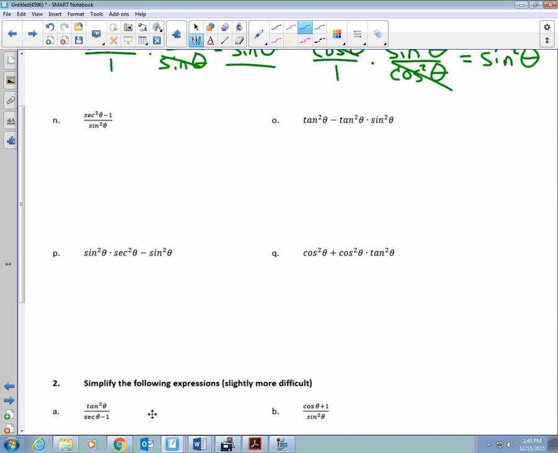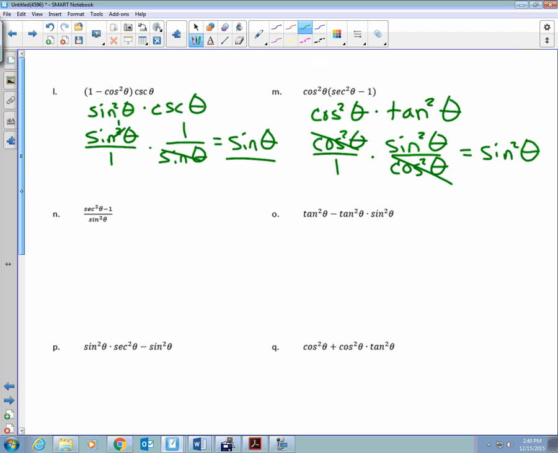Okay, I see that these have a tangent squared in both terms. And sometimes, if you look here, the cosine squared is factored out. Watch what I do, folks, okay? You could write this as cosine squared of theta times secant squared of theta.